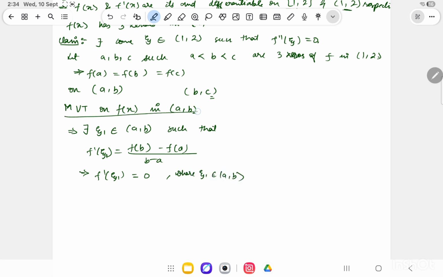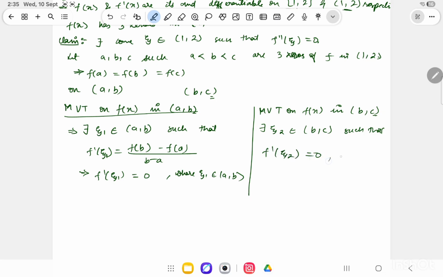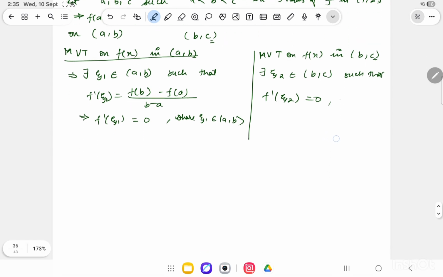Likewise, if I use the mean value theorem on f(x) in the open interval (b, c), I'll be getting a xi2 belonging to the open interval (b, c) such that f'(xi2) will be equal to 0, because f(b) and f(c) both are 0. So using Rolle's theorem I'll be getting f'(xi2) is equal to 0.